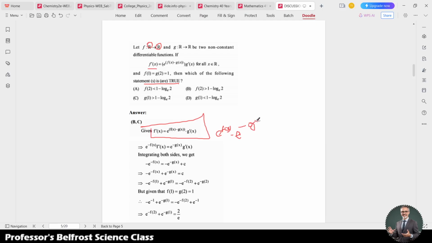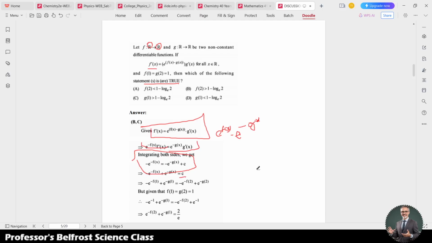It can be done as shown, and we can move this into this side, and this stay in this side, and we integrate both sides. As you know, if we integrate this, it will become like this. Okay, it's straightforward, right?